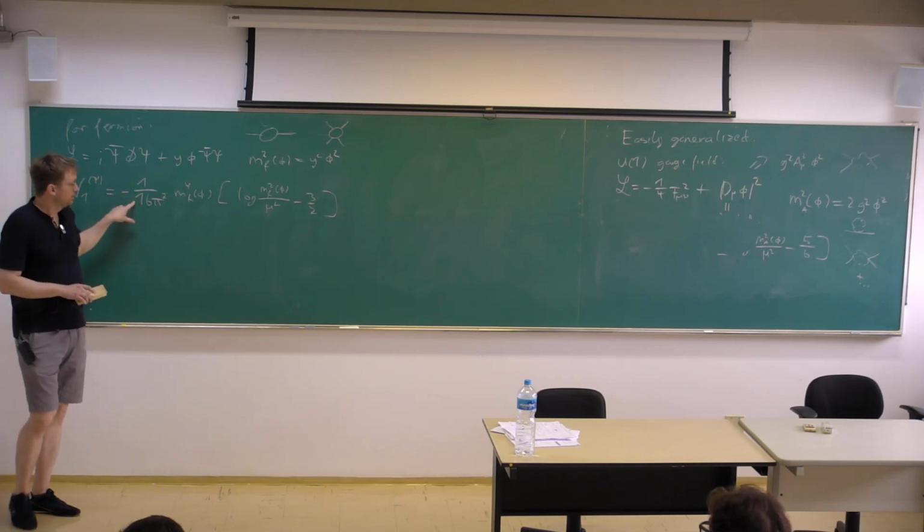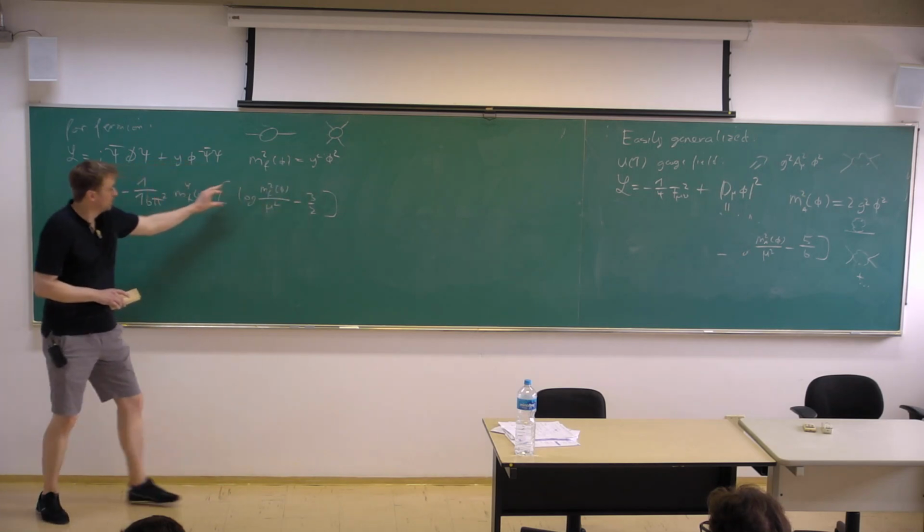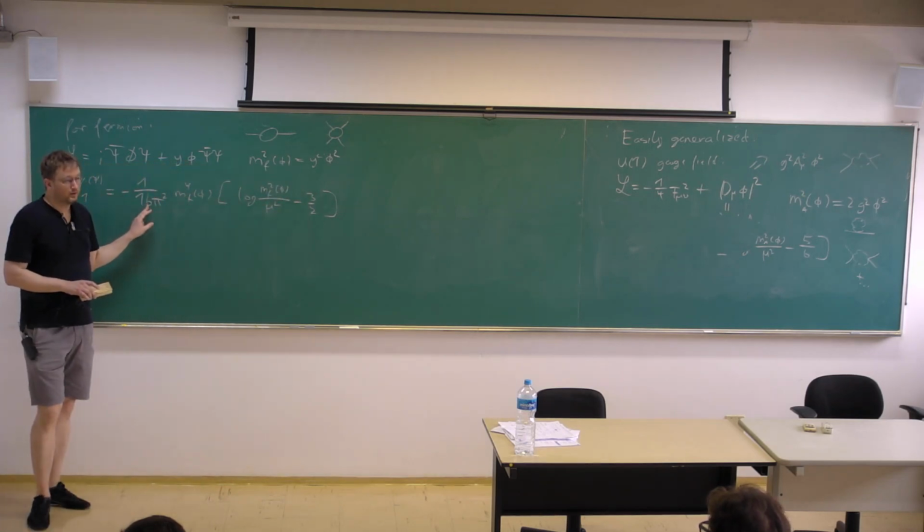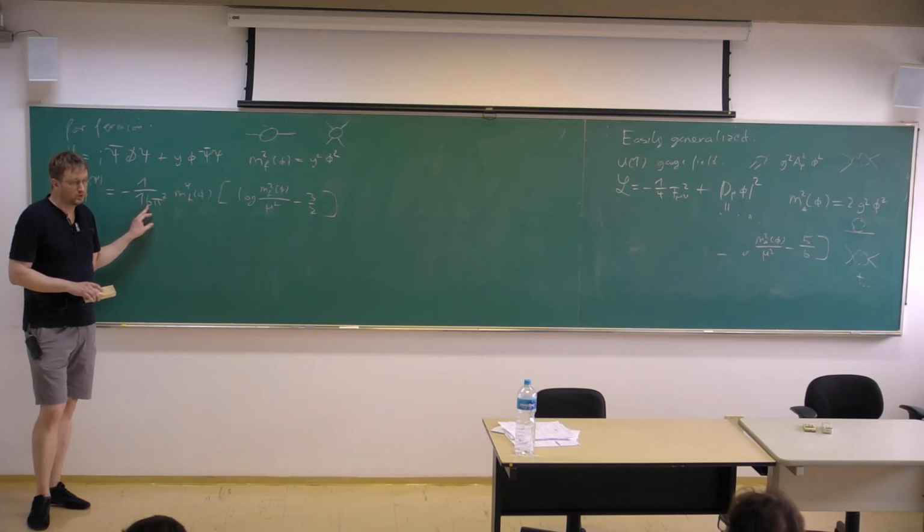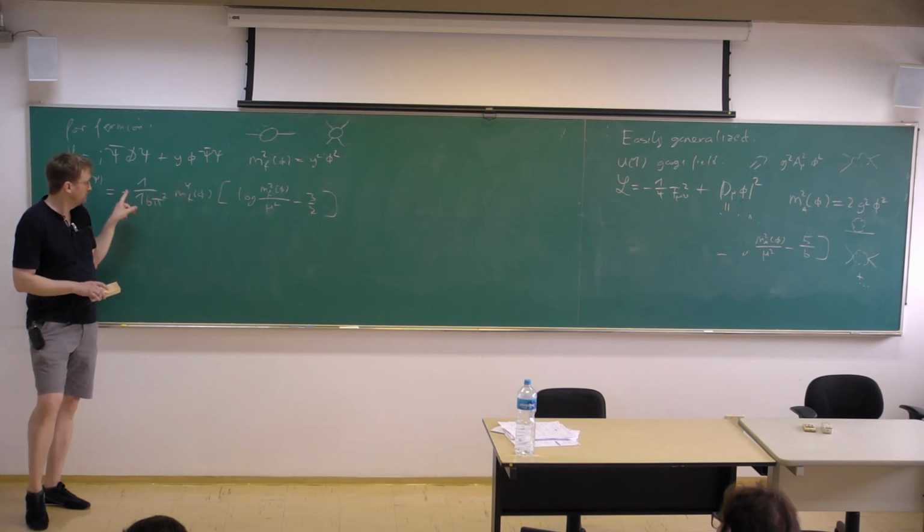This is a Dirac fermion, so you need the same number of degrees of freedom, you need 4 scalars. Then the potential should exactly cancel. It's actually a nice way to see that you need a minus sign here.